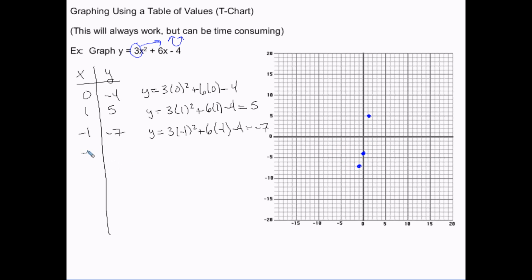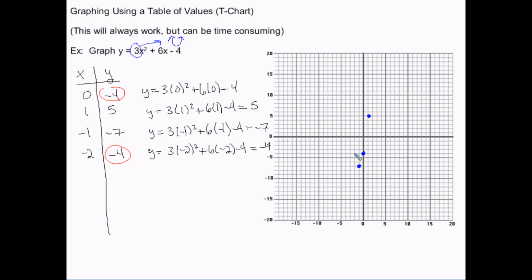Try negative 2. I get 3 times 4, which is 12, minus 12, which is 0, minus 4, so negative 4. These match, so that tells me I'm in the right direction.